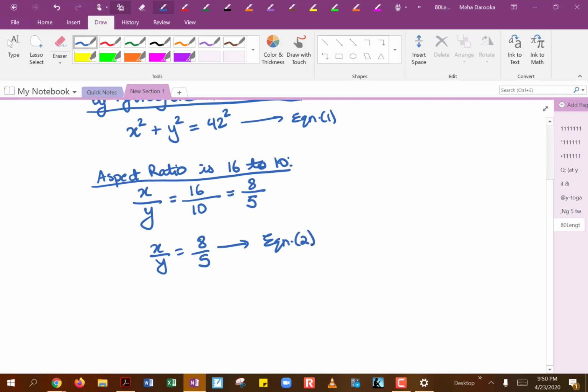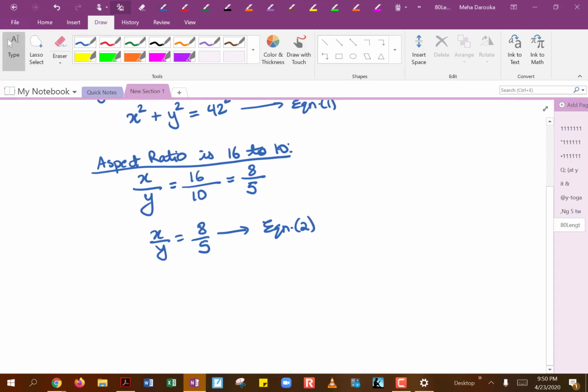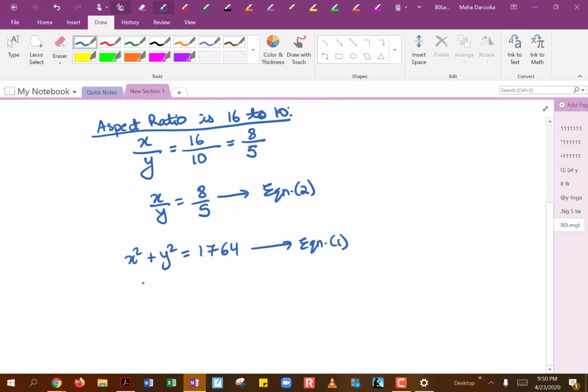Now again, to solve these two equations, you can see our system will come out to be x squared plus y squared equals, let's see, 42 squared is 1764. So this is our equation 1. And then we have x over y equals 8/5. And that's our equation 2. But you know what we're going to have to do, because again the addition method is not going to work in this case.